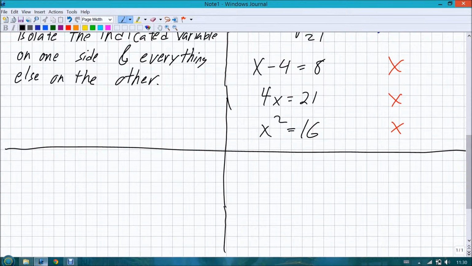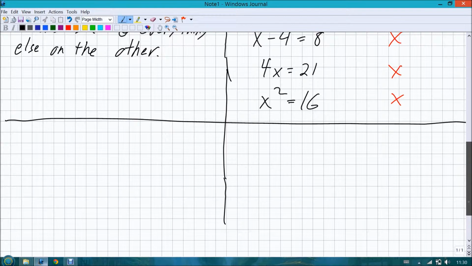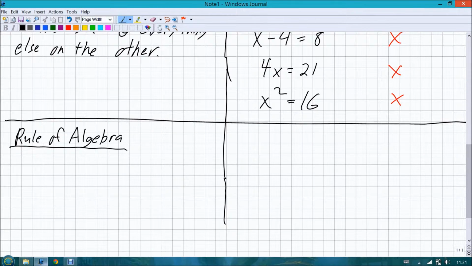Let's go on to our next point. How do we solve? Well, to go with how do we solve, we have to have a rule about solving and a rule about equations in general. That rule is really simple. The rule of algebra. And it is what makes algebra the most powerful tool in mathematics.